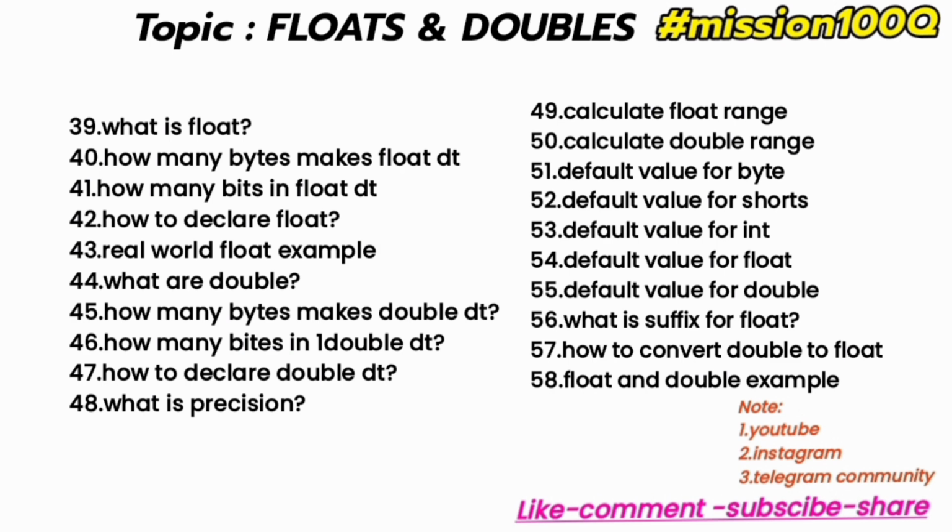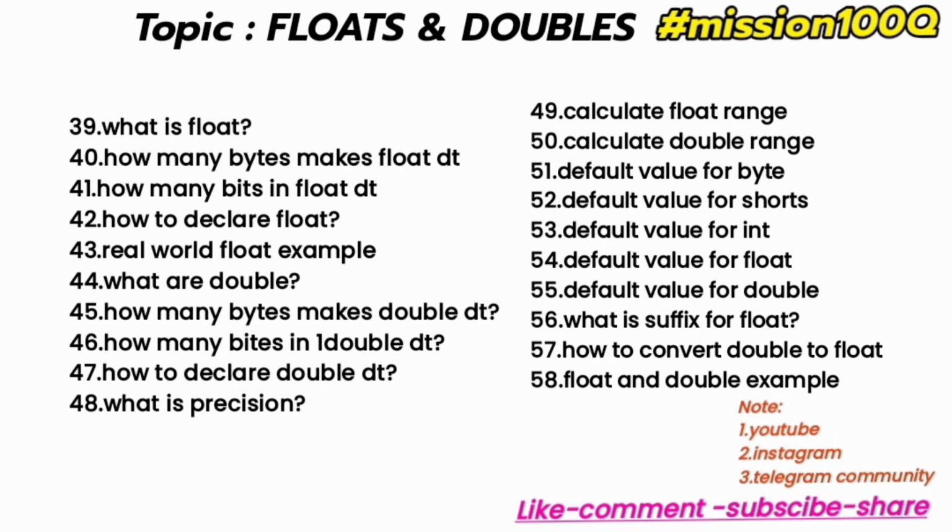All right. These are the questions we're going to cover in this session, and if you want to make note of these, please feel free to do so. First question: what is float? How many bytes make a float data type? How many bits in a float data type? How to declare float? Real world float example. What is double? How many bytes make a double data type?